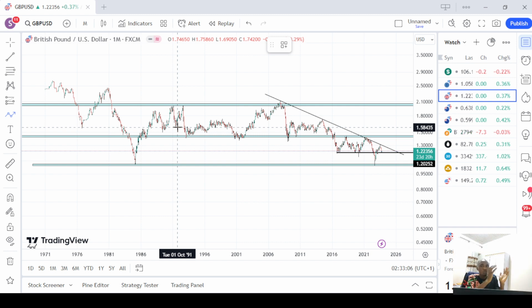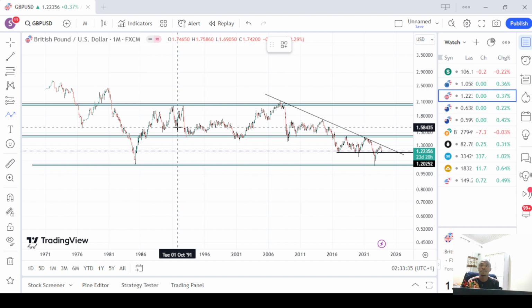Or sideways movement: consolidation, accumulation, or distribution, whatever you want to call it. It can stay at the same place, so it will be more of equal highs, equal lows, equal highs, equal lows. It is also a market structure.